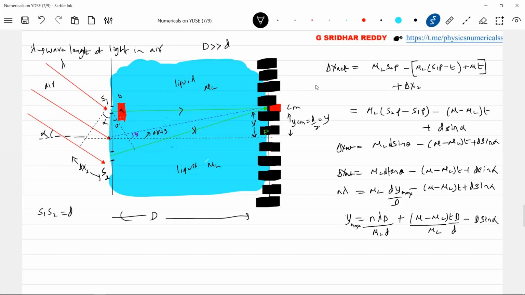I want the central maxima, which should be exactly at the center, opposite to slit S1. So what shall I write for y? Y should be equal to small d by 2 and n should be 0. Then we'll solve for it.